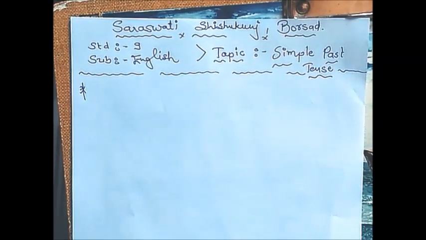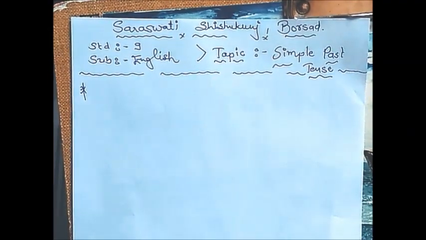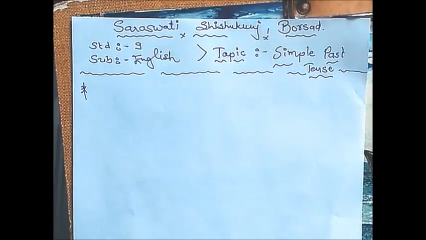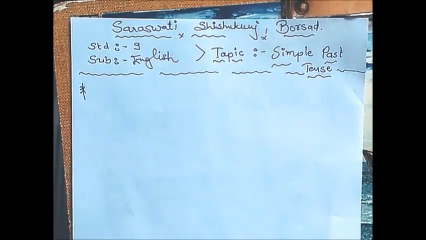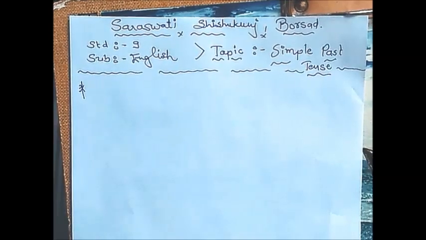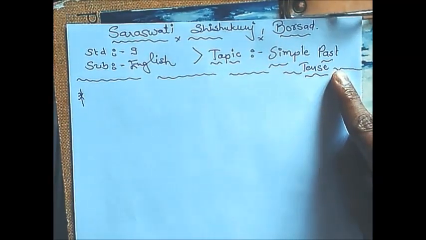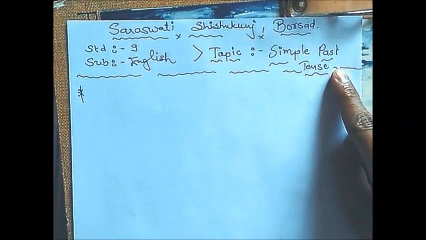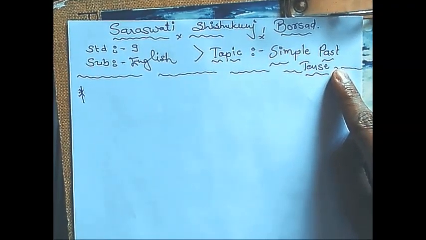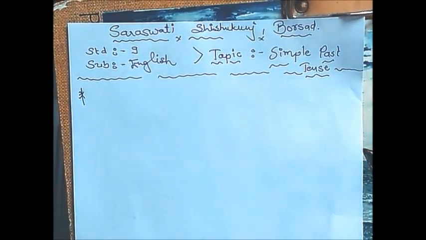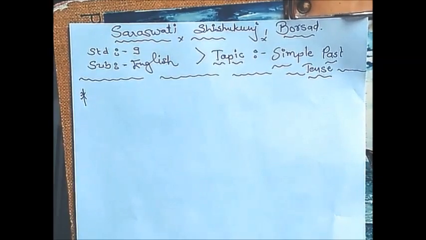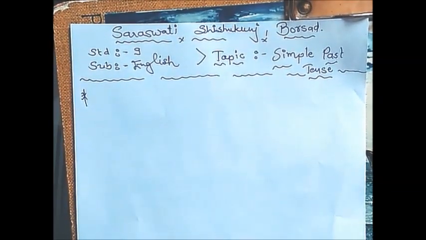In today's video we are going to learn about one more tense. As I have given you the list, from that list we are going to learn about this tense today, and you can see here the name of that tense is simple past tense. I hope that you all have remembered all those four tenses and their uses.